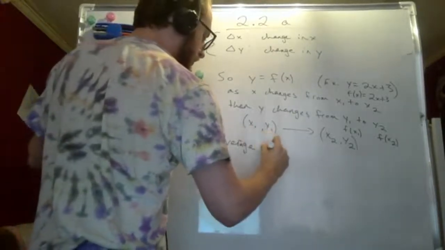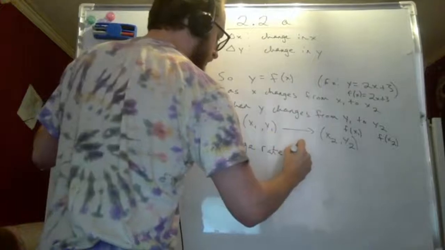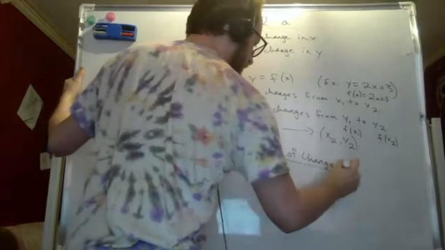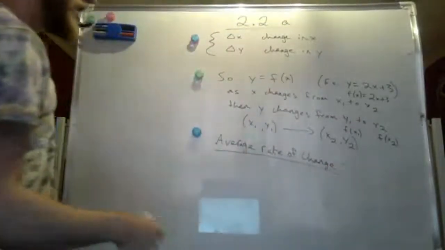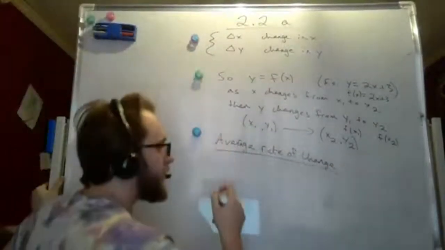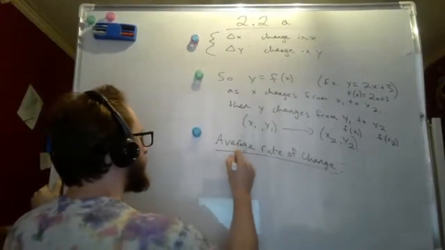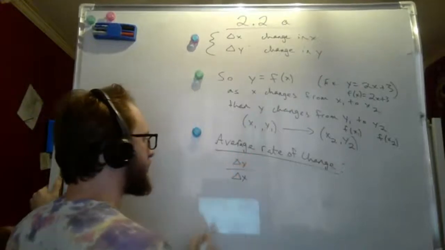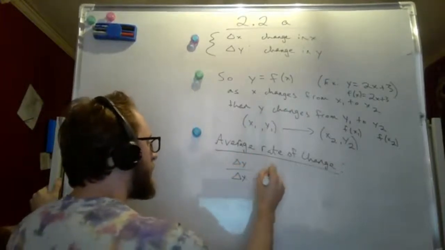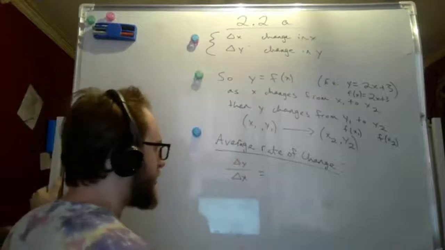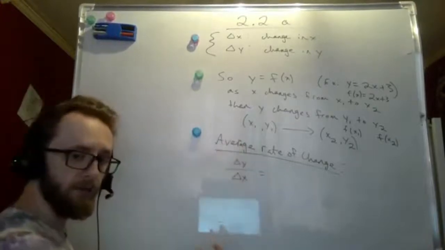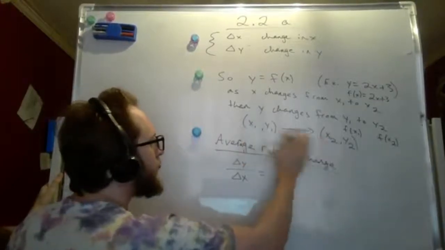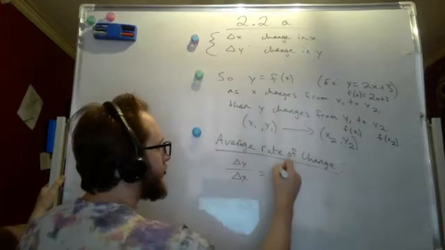Average rate of change. Now, what is the rate of change? Well, we've already discussed before that we think of slope as delta y divided by delta x. So if I look at the change in y divided by change in x, in other words, the rise divided by run for slope, then the average rate of change between these 2 points is just the difference.